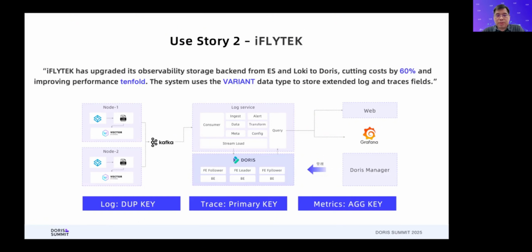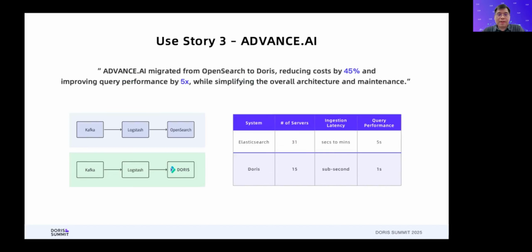The system uses a variant data type to store extended log and trace fields. The third user story is from Advanced.ai. They migrated from OpenSearch to Doris, reducing cost by 45% and improving performance by 5 times, while simplifying the overall architecture and maintenance.